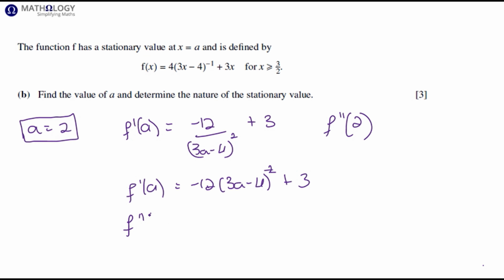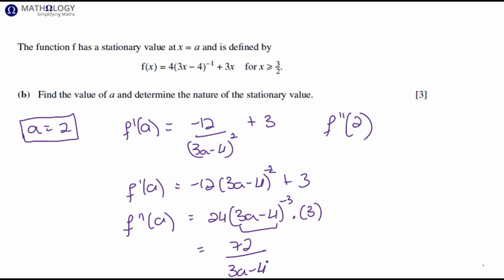So f double prime a will be minus 12 times minus 2, 24, times (3a minus 4) to the power of minus 2 minus 1, which is minus 3. Then we have to multiply by the derivative of 3a minus 4, which is 3. The derivative of a constant is 0. So the double derivative is therefore 24 times 3, which is 72, divided by (3a minus 4) cubed.